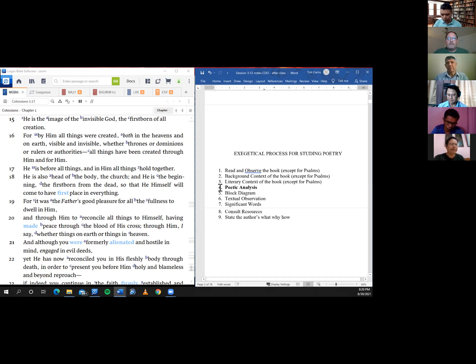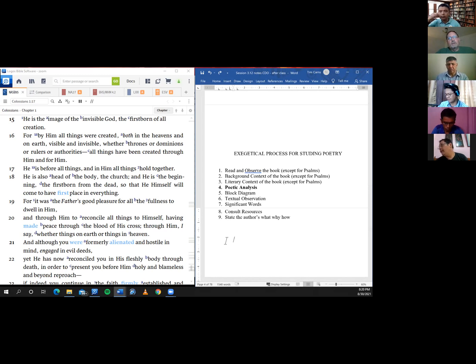And so poetic analysis is for poetry the key step. Notice the other ones, step 5, 6, 7, 8, and 9, they're all the same as what we did before with epistles and even with narratives. But the poetic analysis, that is the unique step for poetry. Just like in narratives, narrative analysis was that unique step.